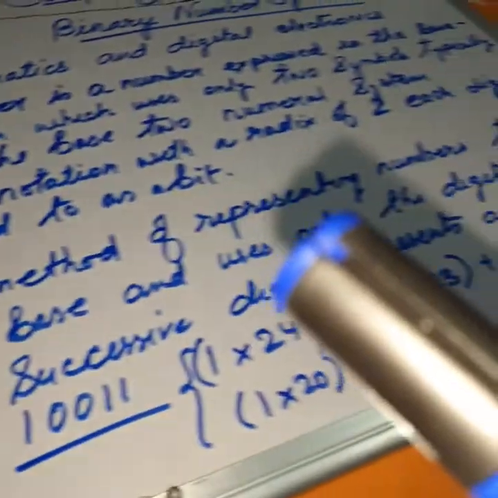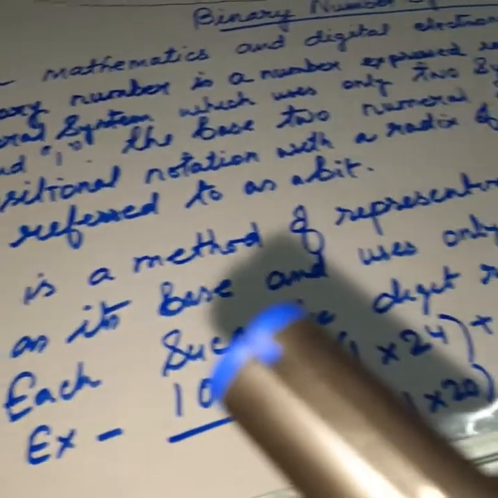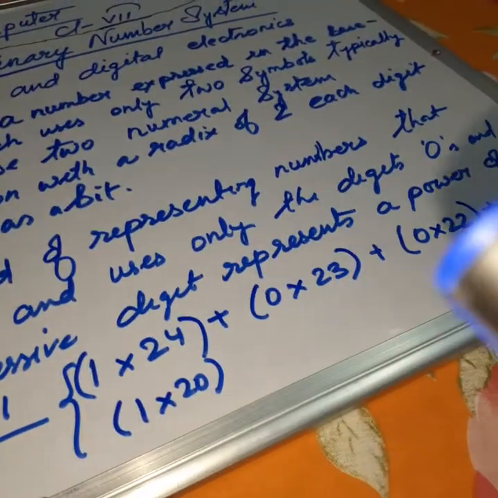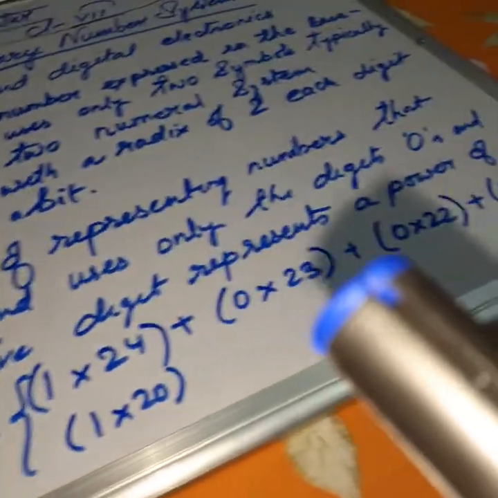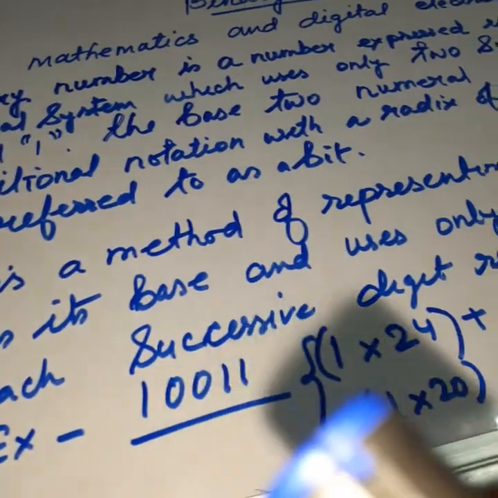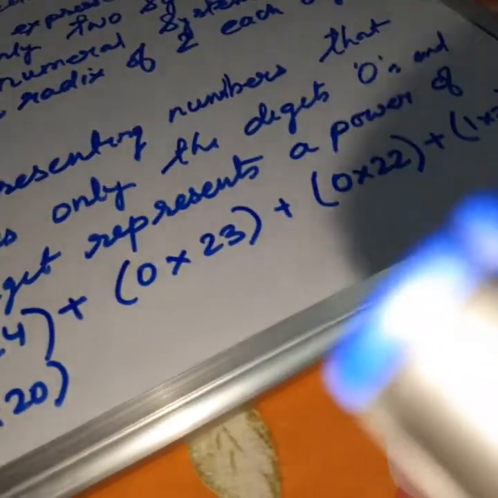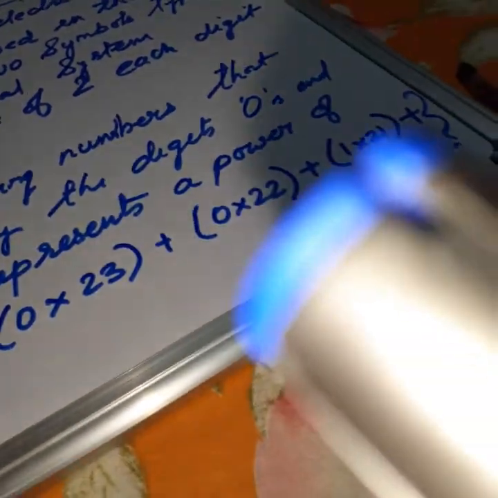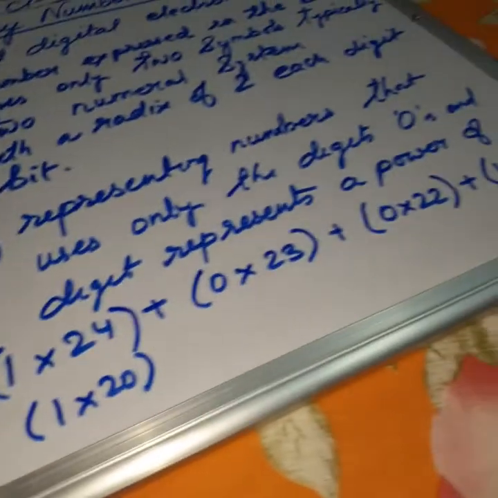It is a method of representing numbers that has 2 as its base and uses only the digits zeros and ones. Each successive digit represents a power of 2. Example: 1 0 0 1 1 is 1 into 2^4 plus 0 into 2^3 plus 0 into 2^2 plus 1 into 2^1 plus 1 into 2^0.